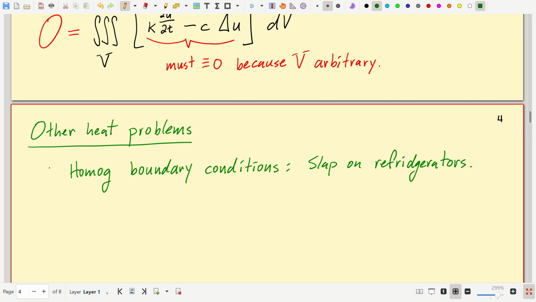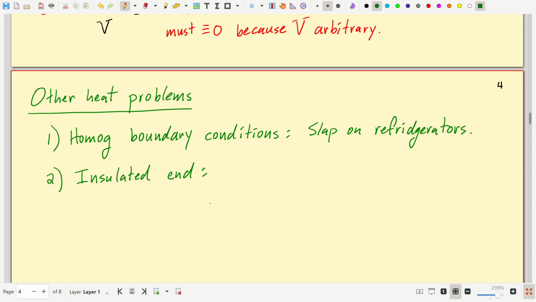Another interesting case is the insulated end. So let's see, if it's insulated, it means there's no heat flowing. So by Kelvin's law, the temperature gradient would have to be 0.